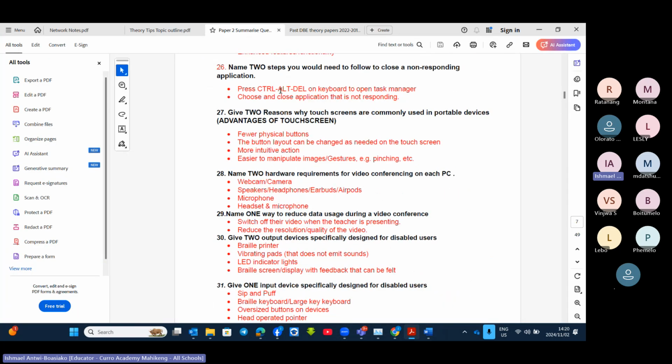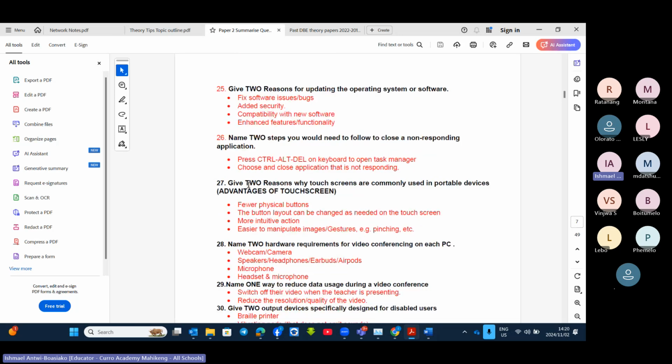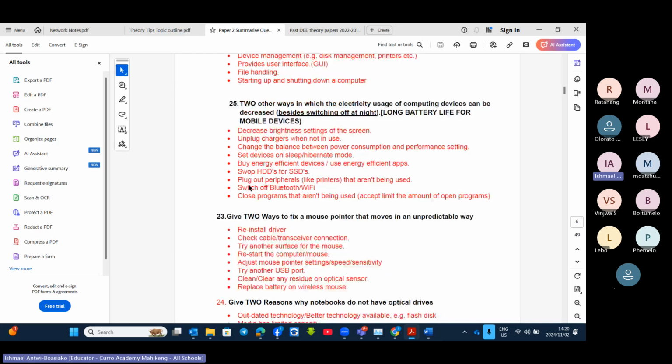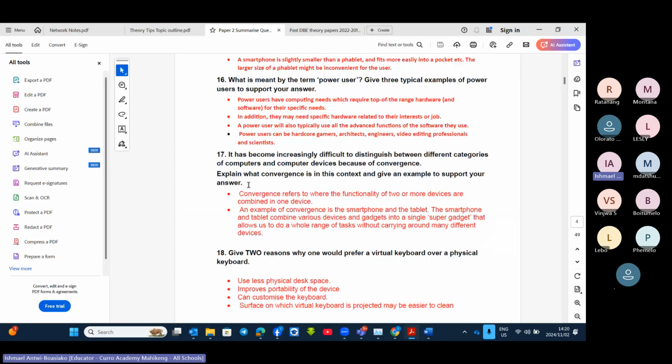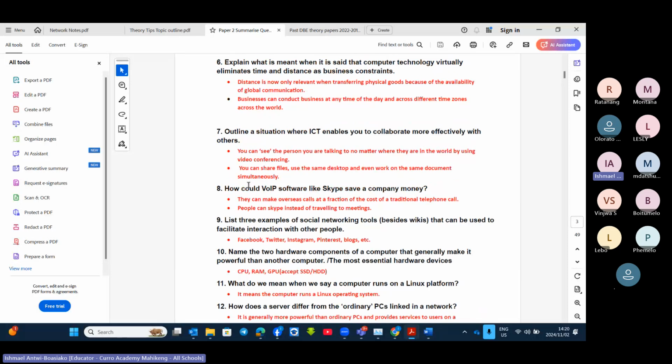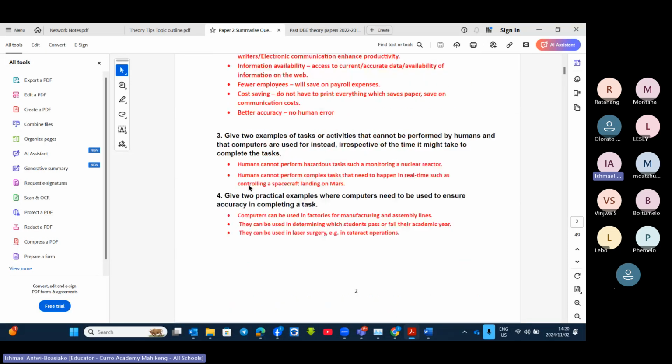You pick at least two of them. I grouped them according to information management, system technology, network, and others. So you go through them, and also the notes. Then I believe on Tuesday, you'll be able to answer the questions.